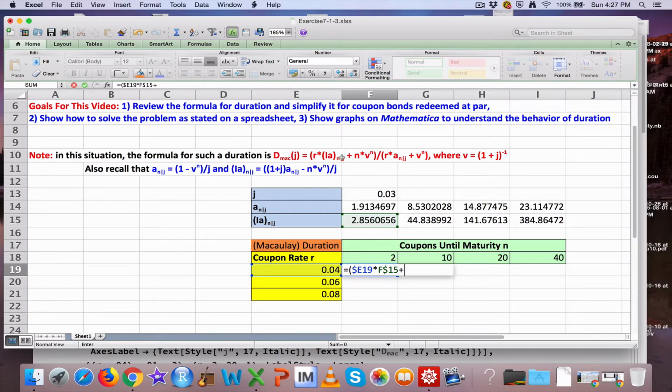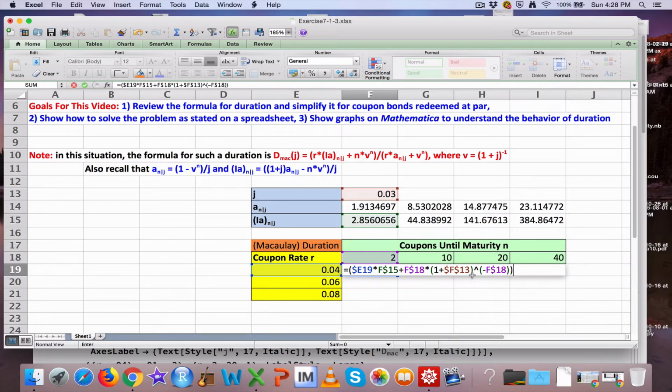Looking back at the formula in red up here, plus N, which is in cell F18. As I copy and paste downward, I want that to stay in row 18. So I need a $ sign in front of the 18, but I want it to change as I go to the right, so not in front of the F. Times V to the N, I might as well use $ signs as I did before, just to play it safe. J is always going to come from F13. To the negative N power, as I copy and paste downward, I want that to stay the same row, but not the same as I go to the right, so F$18 again.